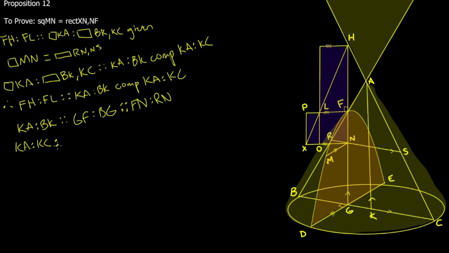So as KA is to KC, HG is to GC. And in this larger triangle HGC, this part NS is cut off parallel because RNS was constructed parallel to BGC. So HNS is similar to HGC. So as HG is to GC, HN is to NS.